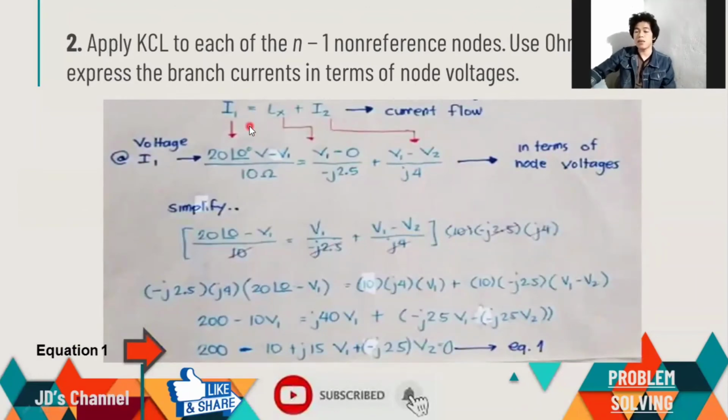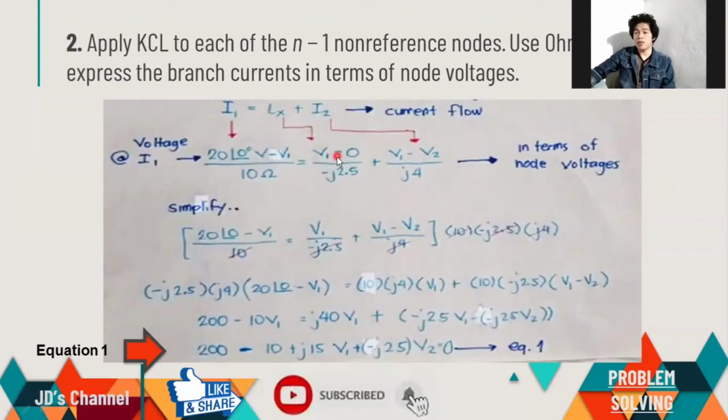From our equation, I sub 1 equals I sub x plus I sub 2. Then we substitute our values. So we have 20 angle 0 volts over 10.